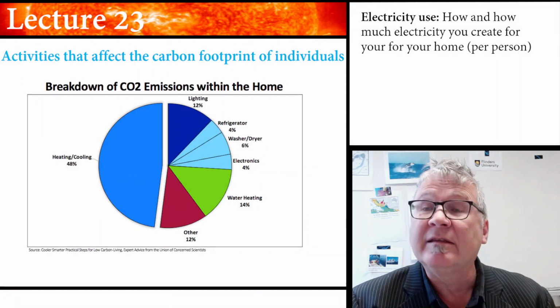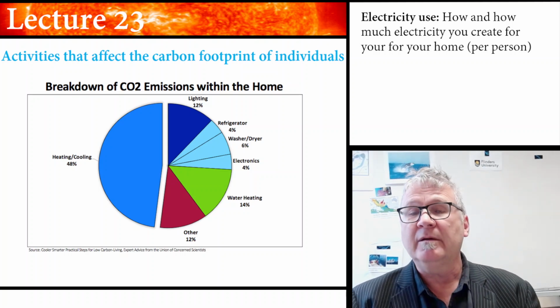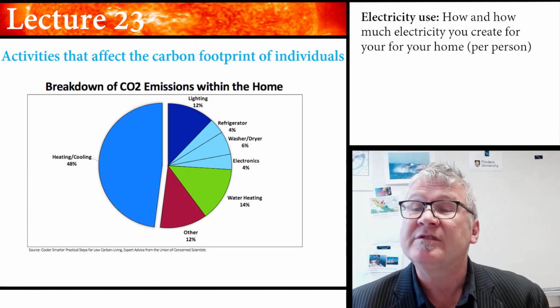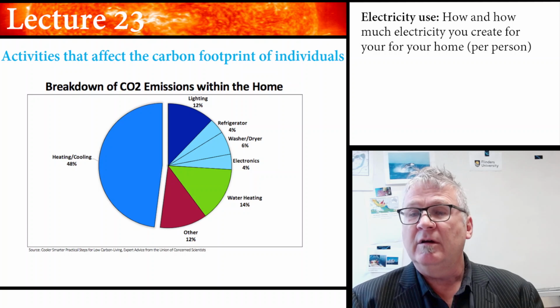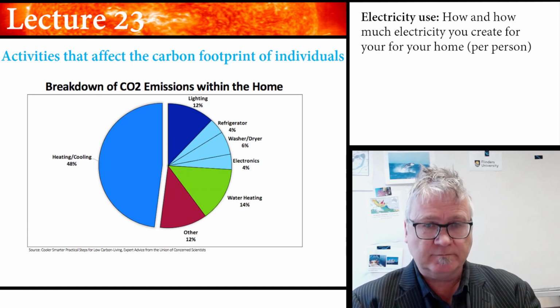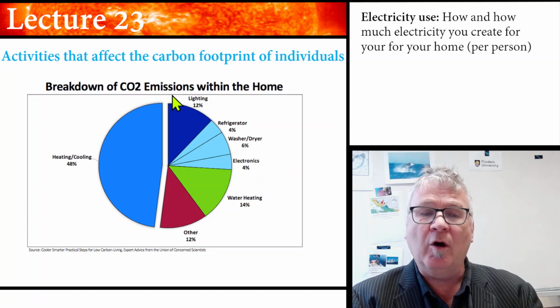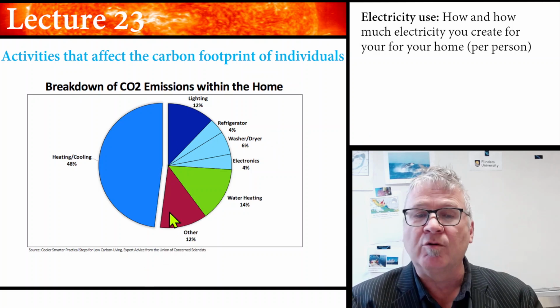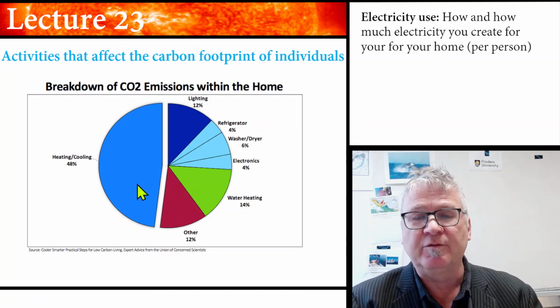You can also look at emissions within the home. The electricity use, and how much electricity you create for your home per person. Of CO2 emissions within the home, almost half goes into heating or cooling. That's the biggest chunk. Lighting, 12%.